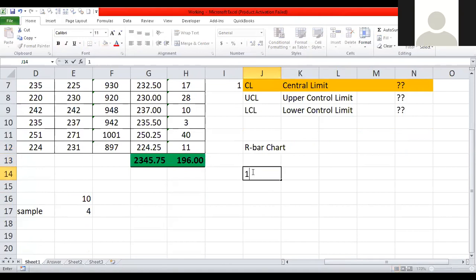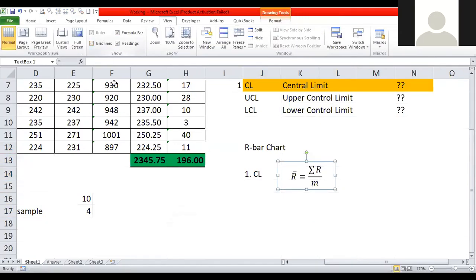Under that, number one, you are going to calculate central limit. For that, you have to use this formula. So average of the range is the central limit. So that you can find out.